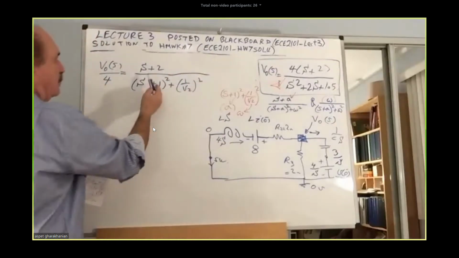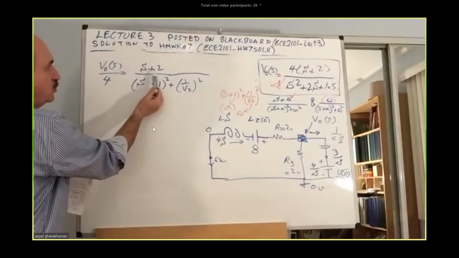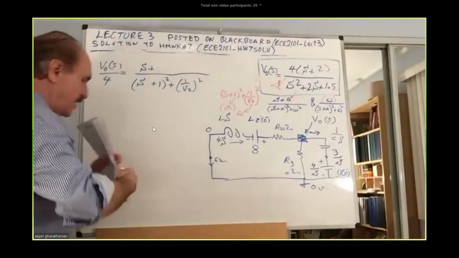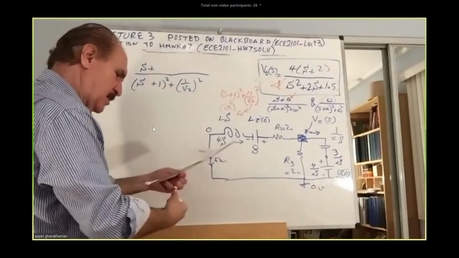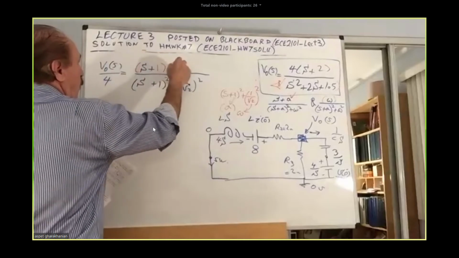Okay, I have s plus 2. Look, I have s plus 1. I'm going to borrow 1 from this one and split it into a 1 and 1. S plus 1 and a 1.